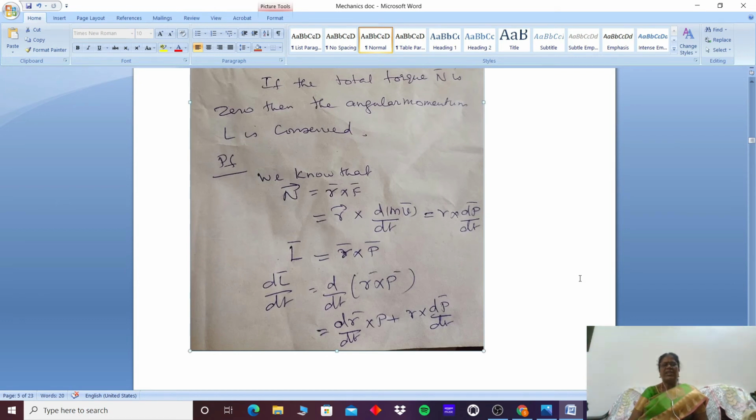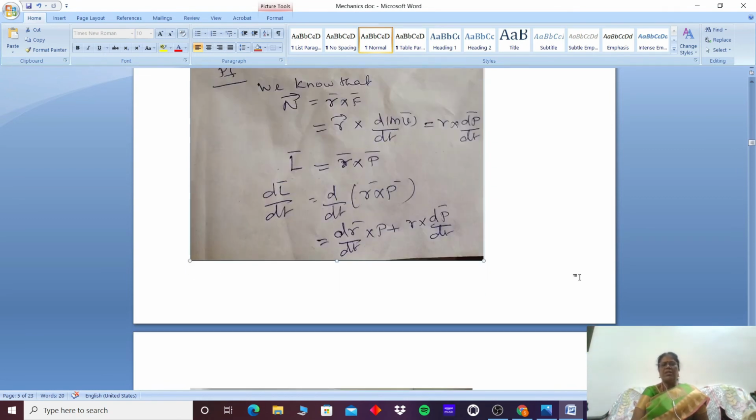You consider L, where L is equal to r cross p, and if you find out the derivative of L, then d by dt of r cross p is given by dr by dt cross p plus r cross dp by dt, and that is given by dr by dt cross mv plus r cross dp by dt. So the dr by dt, here the rate of change of the position vector with respect to time is nothing but the velocity, so v cross mv plus r cross dp by dt, and here v cross mv is nothing but 0 because it is the cross product of the same vector.